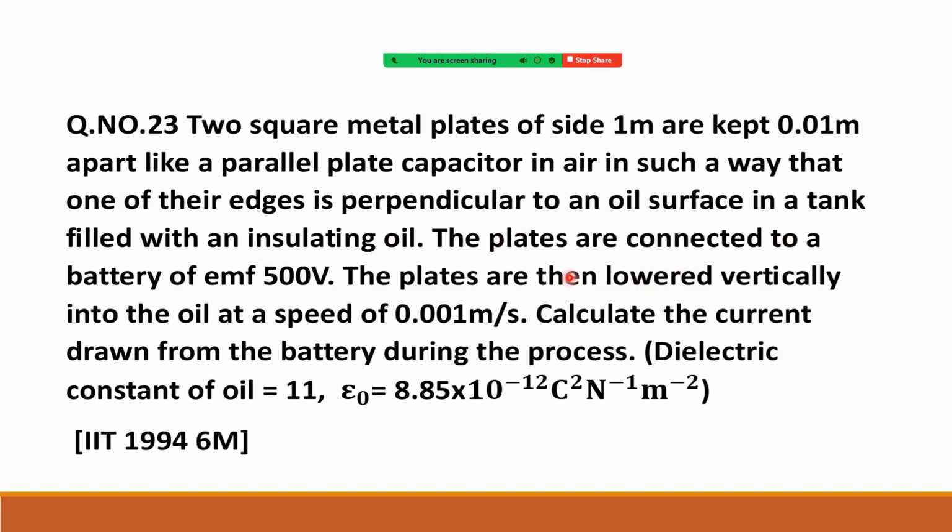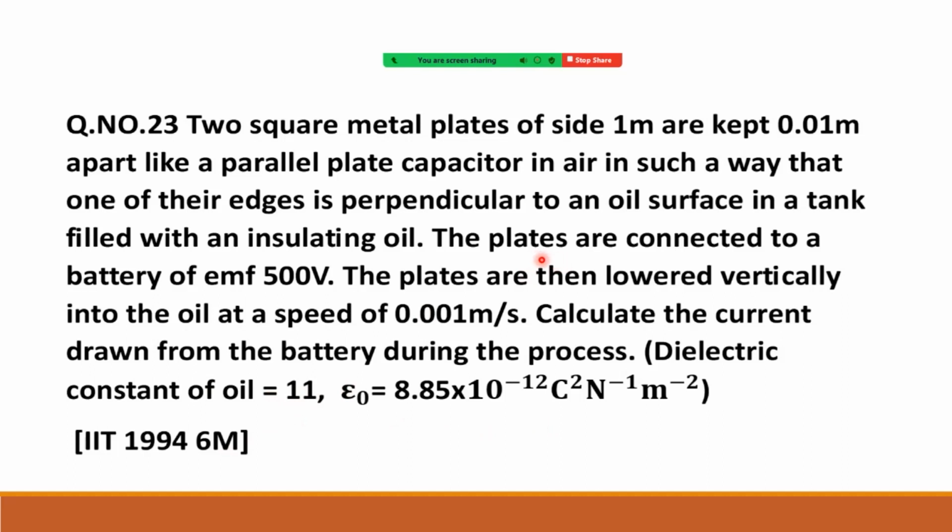The plates are connected to a battery of EMF 500 volt. The plates are then lowered vertically in the oil at a speed 0.001 meter per second. Calculate current drawn from the battery during the process. Dielectric constant given 11, epsilon naught value is given. So this is asked for 6 marks in 1994.